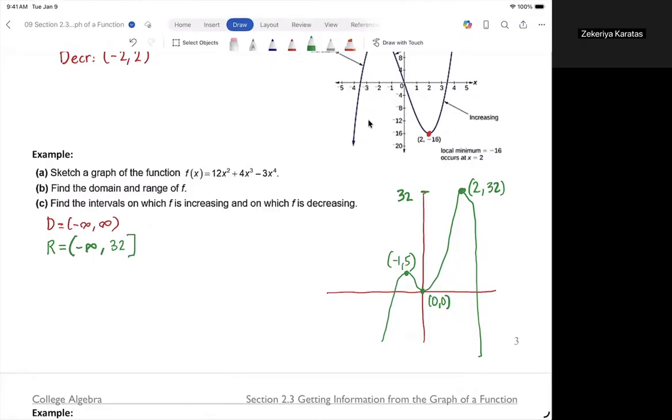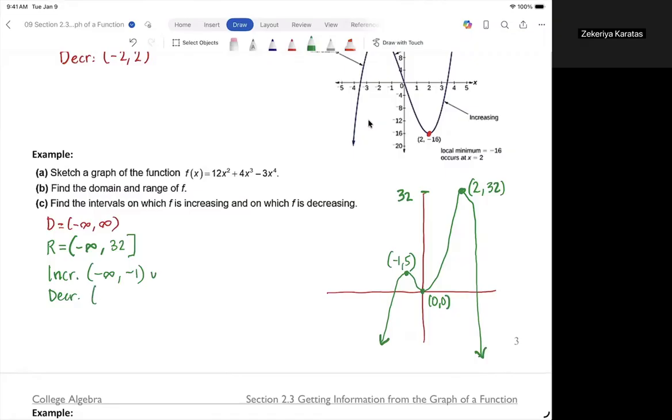And then we look at the increasing and decreasing intervals. The function is opening down. The increasing interval is from negative infinity up to -1. Then from -1 to 0, it's decreasing.